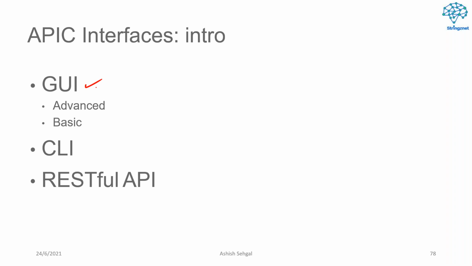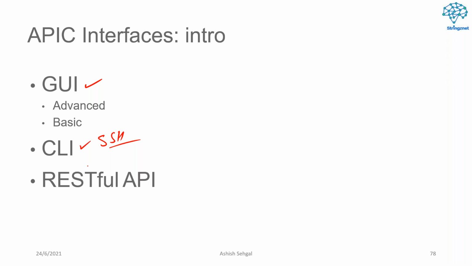Predominantly, we do it using our GUI, graphical user interface, as the one which I showed you. You can also SSH into your APIC controller and get CLI access to the controller.